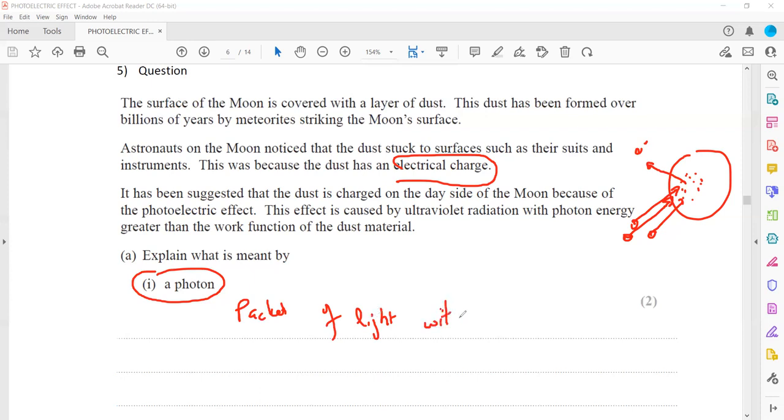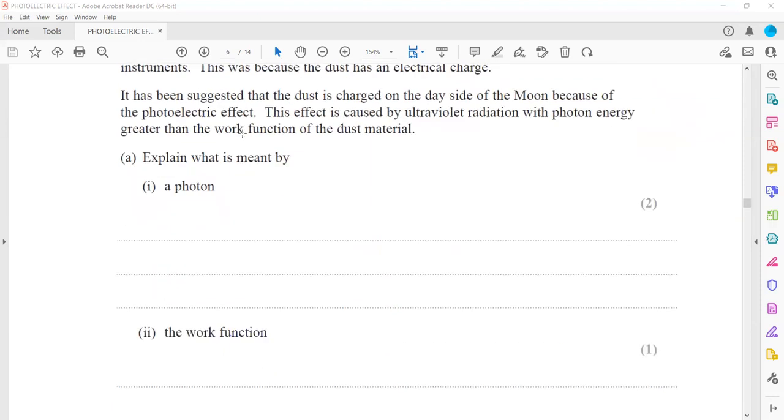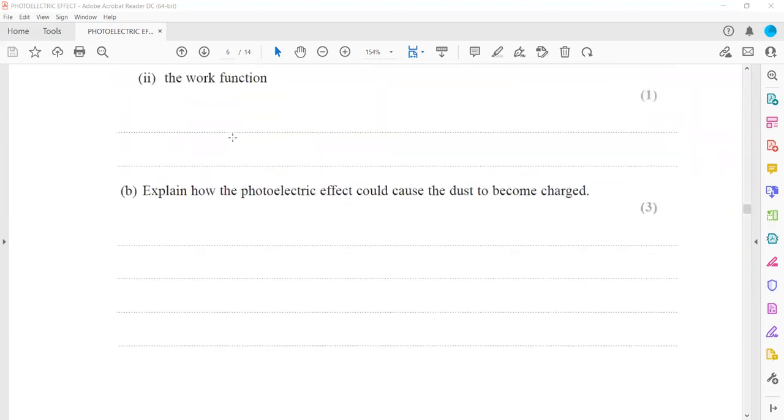One mark you will get if you mention packet of light. The second mark is for the fixed energy, or you can say quantized energy. So when it has a quantized, fixed amount of energy, a packet of light, we call that a photon. What is the work function? Work function is the minimum possible energy needed to remove electrons out from the surface.